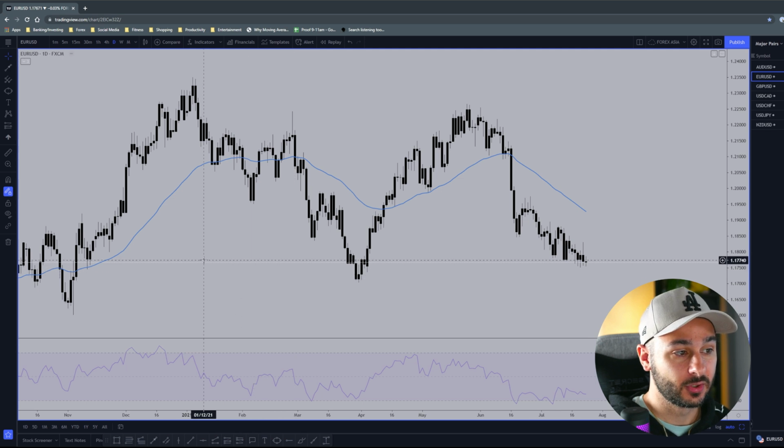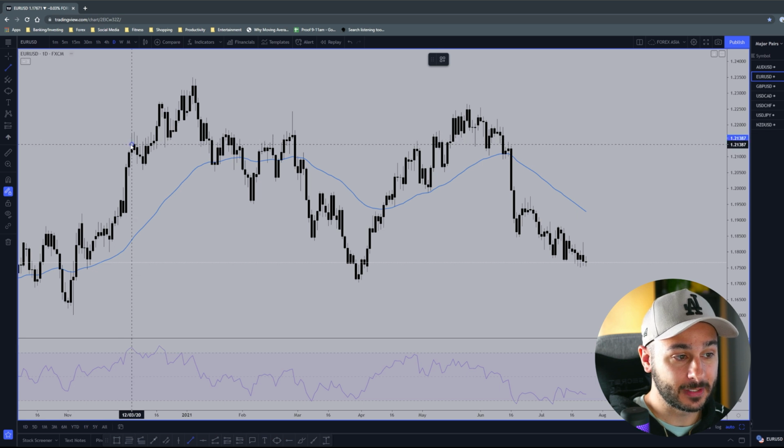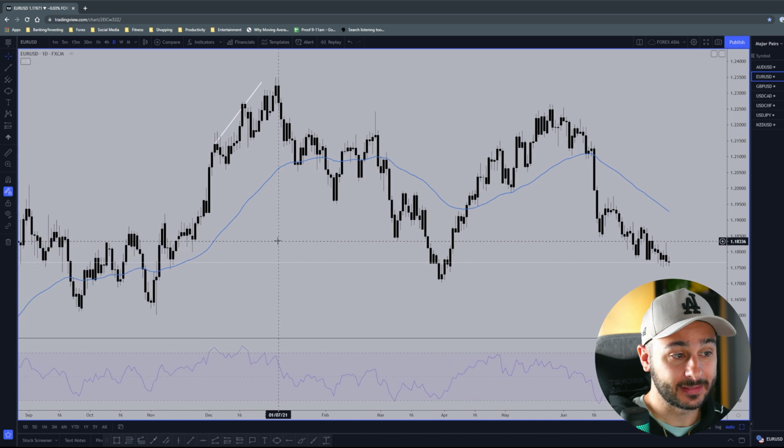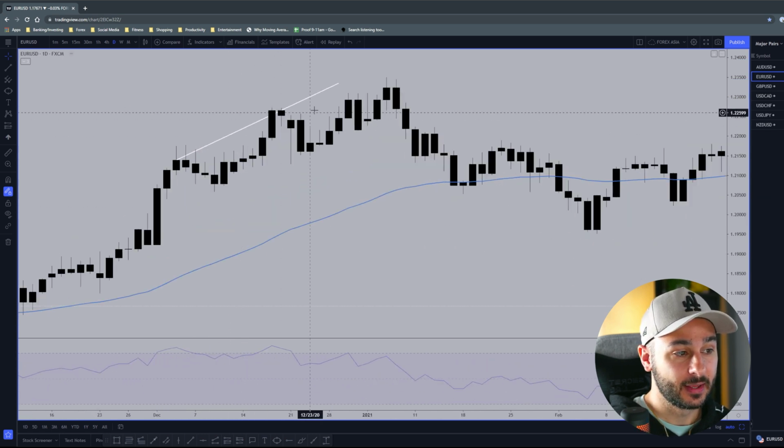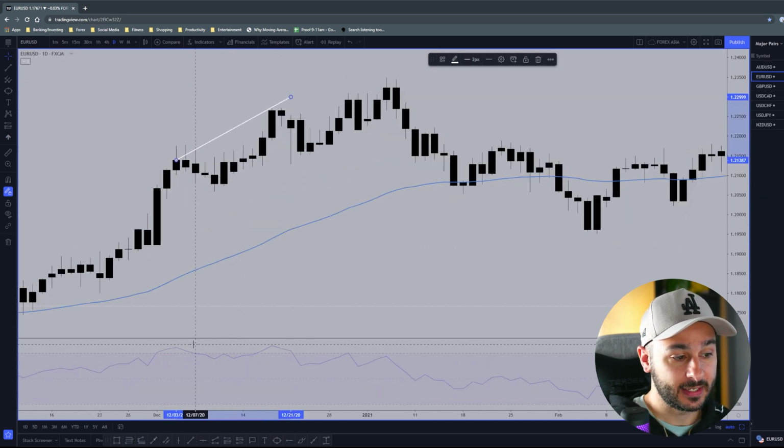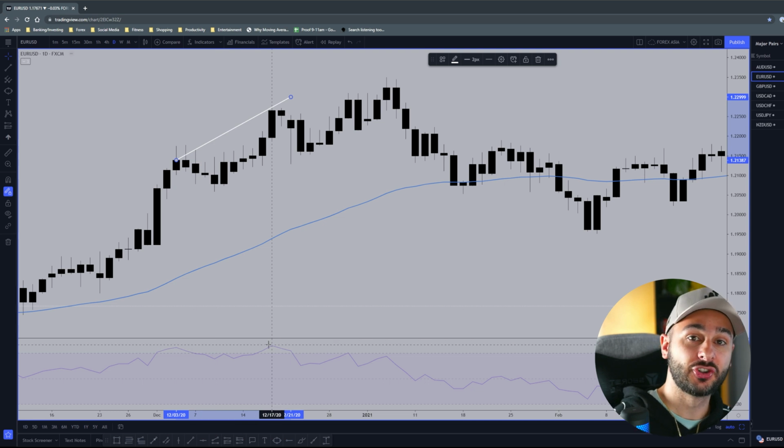So if you're looking at this area over here, this is not RSI divergence. Once again, depends how you draw it, but if you're looking from this point up to this point, this is a good example to show you real quickly. This would not be RSI divergence here because the RSI made a new high exactly like price action did.